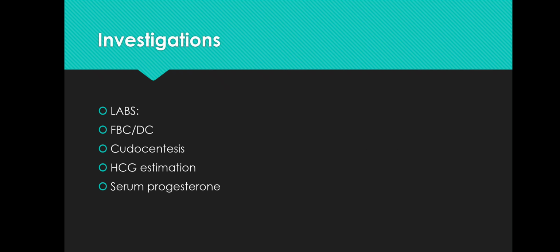Now, what are some of the investigations? Some of the investigations you may need to do include labs. For labs, you may want to do a full blood count and differential count. Especially if there is shock, you may want to know how much blood has been lost in terms of the red cell count as well as the HB count.